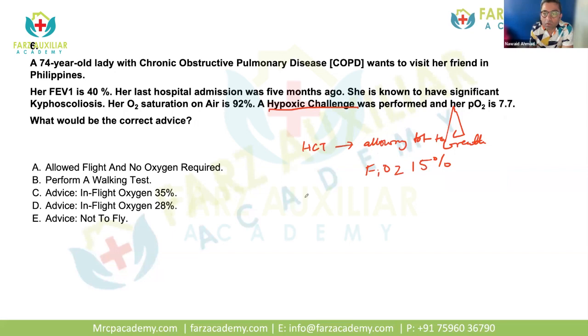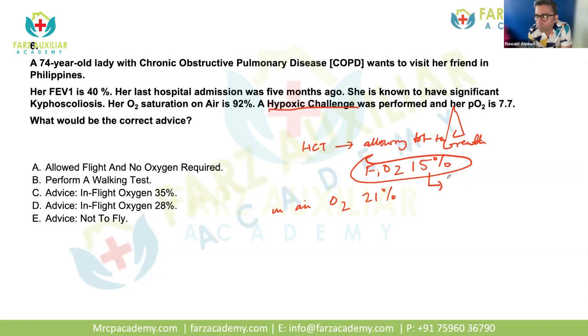Normally in air your oxygen concentration is 21%, but when we are doing a hypoxic challenge test, the patients are breathing oxygen of 15%, which tends to emulate the amount of oxygen present in the atmosphere at the maximum height where the aeroplanes would fly, something about 4,000 feet. So that is how you do the hypoxic challenge test.